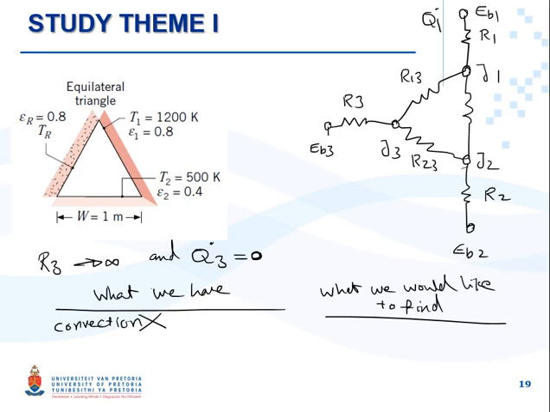We also know that surface 3 is re-radiating and well insulated. What we need to find, first, is the rate at which heat must be supplied per unit length of the duct.